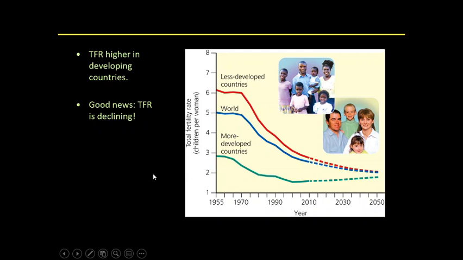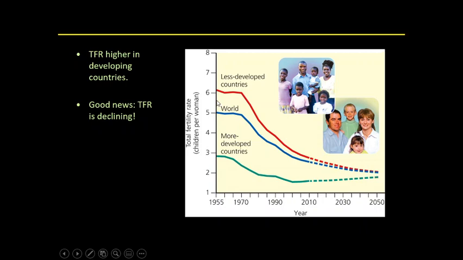What we see here, and this came out in Hans Rosling's video, is that total fertility rate is declining. It's declining in the developed countries, and it's also steeply declining in the less developed countries. We're looking at these lines converging later on this century, in the second half of the century.